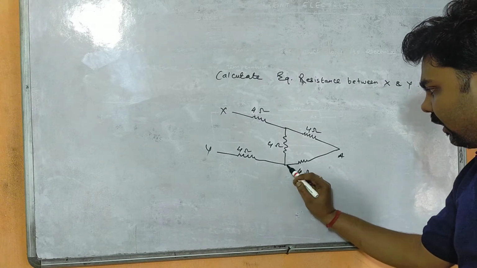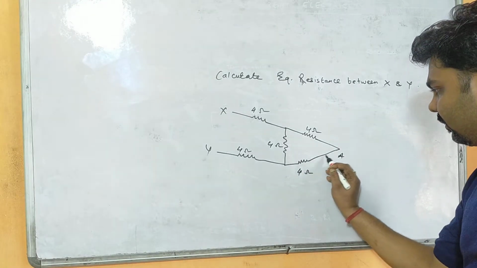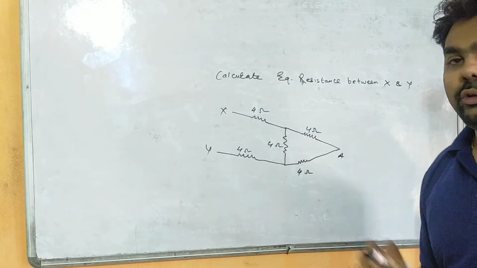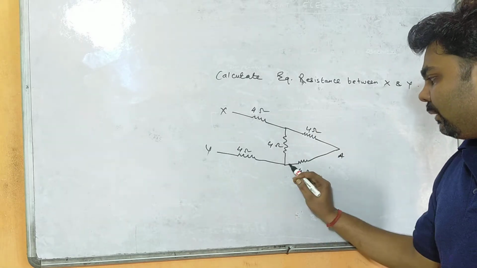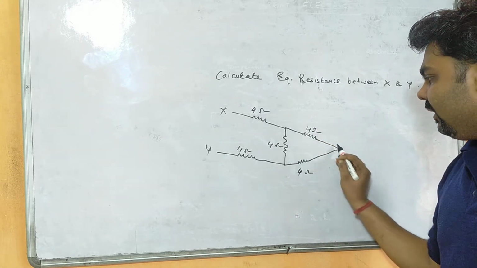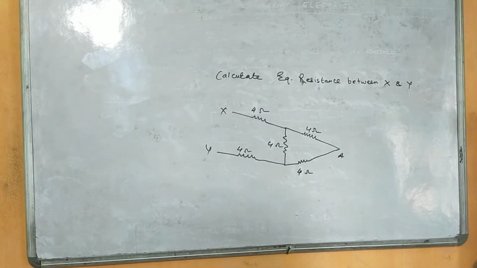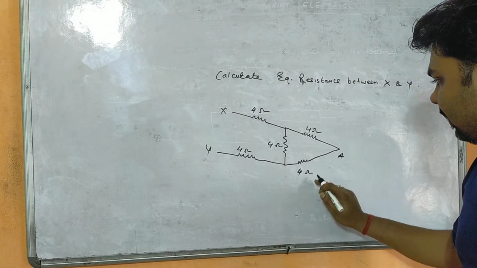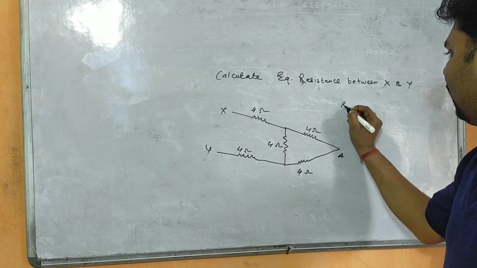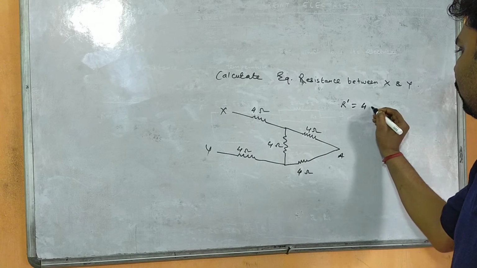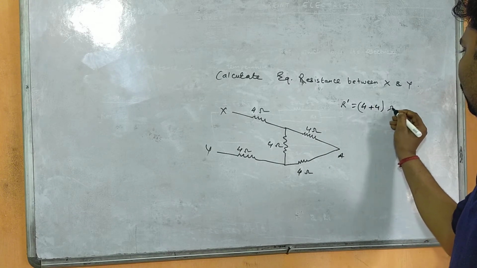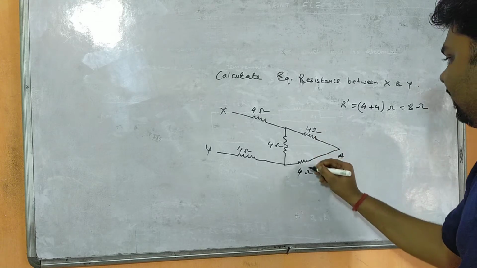You see, if a current is passing through this resistance, the same current is going to pass through the other resistance also. That means we will say that this branch is in series, therefore 4 and 4 are in series. So this equivalent we will call R dash, that means 4 plus 4 ohm, that is 8 ohm, in series.